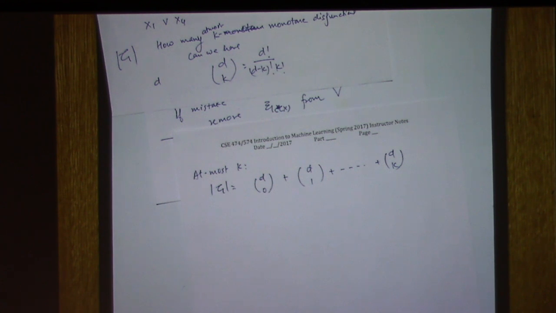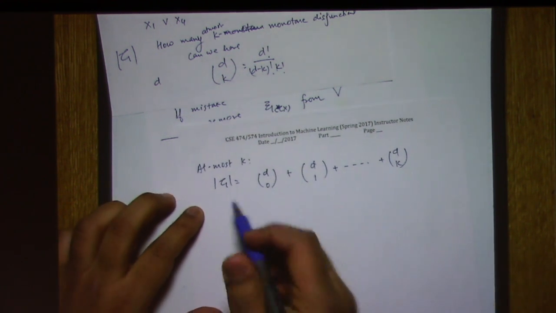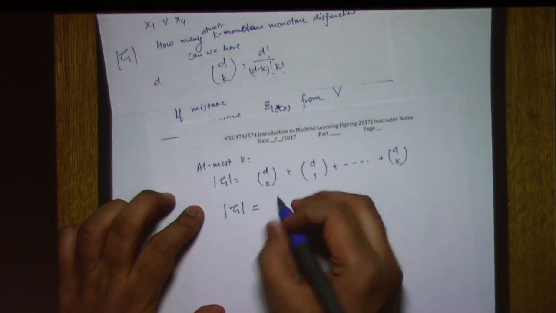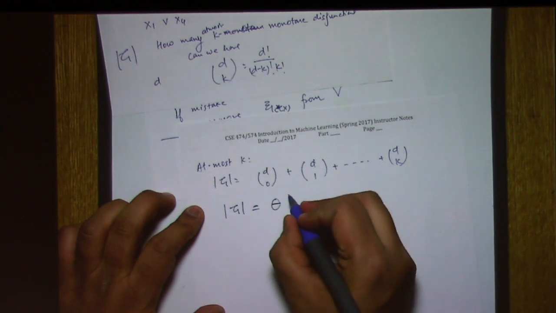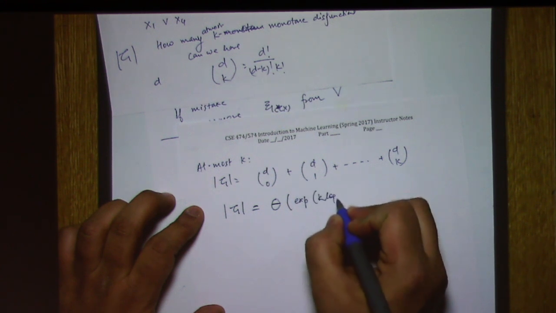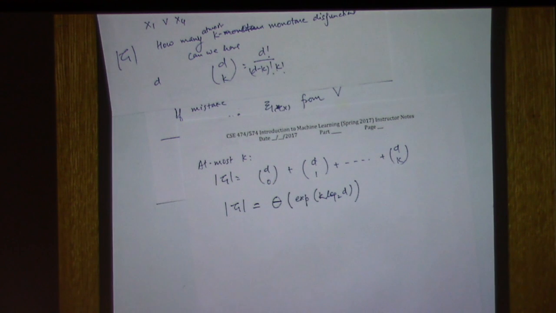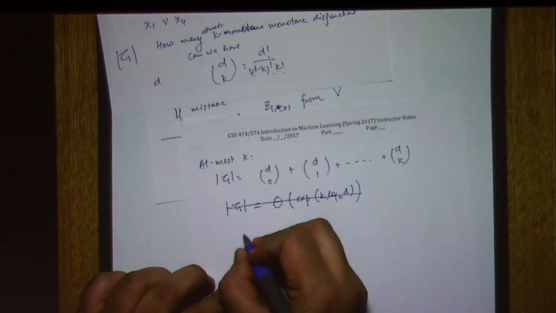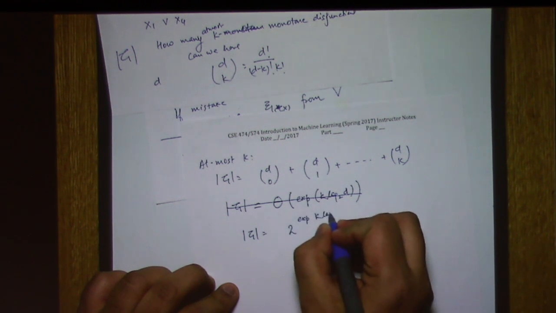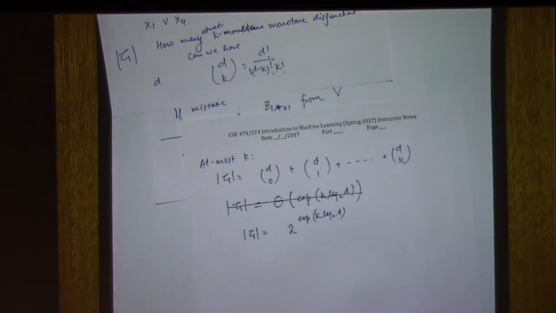If you work out this math, what you will see is that this number is bounded by, in our theta notation, close to exp of something.